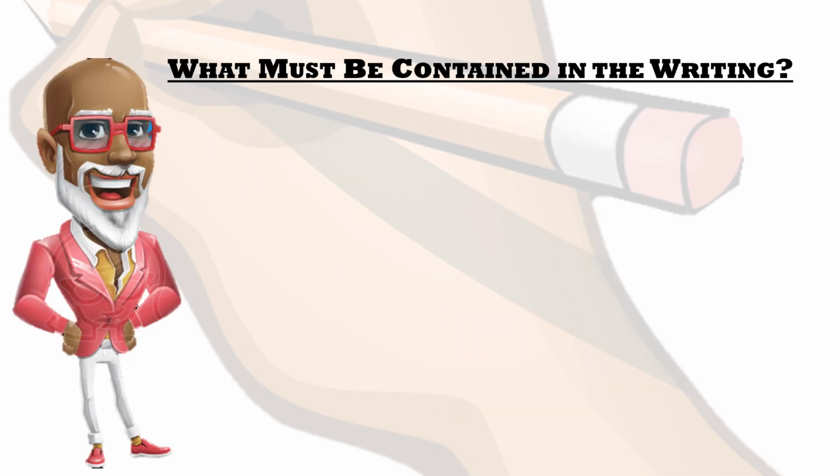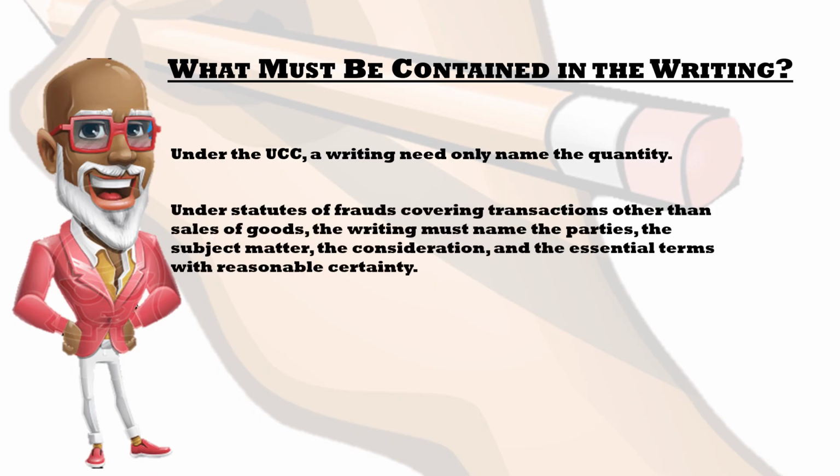Now, what must be contained in a writing? Under the UCC, a writing need only name the quantity of the goods to be sold. Under the statute of frauds, covering transactions other than the sale of goods, the writing must contain the name of the parties, the subject matter of the contract, the consideration, and the essential terms with reasonable certainty.